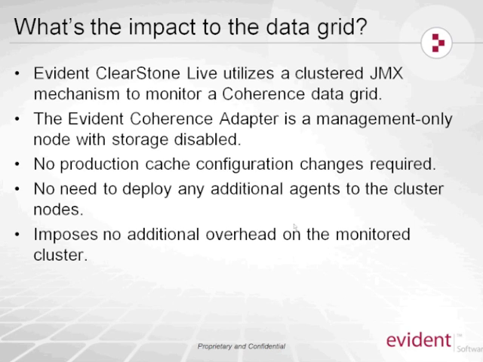It is not a storage-enabled node, therefore we do not cache or see any of the data being used in your data grid. Given that this is a monitoring tool, we also have the ability to support an HA environment, which allows us to constantly monitor Coherence clusters for a production environment.